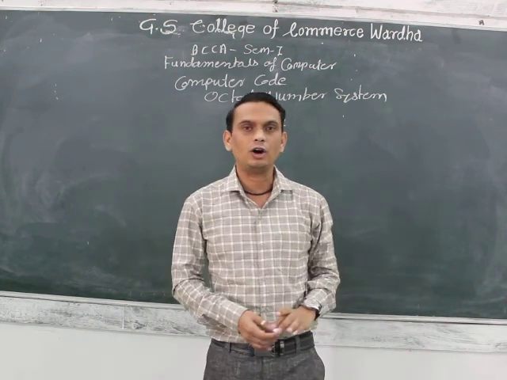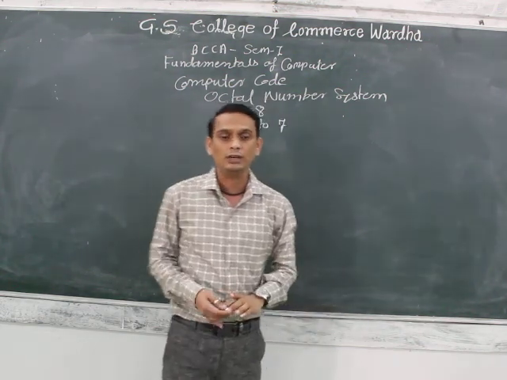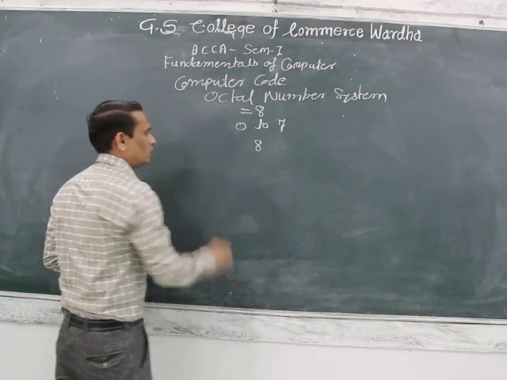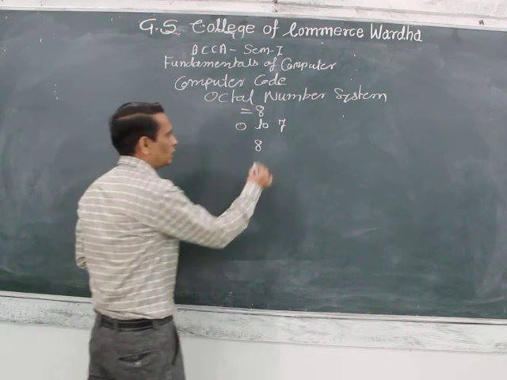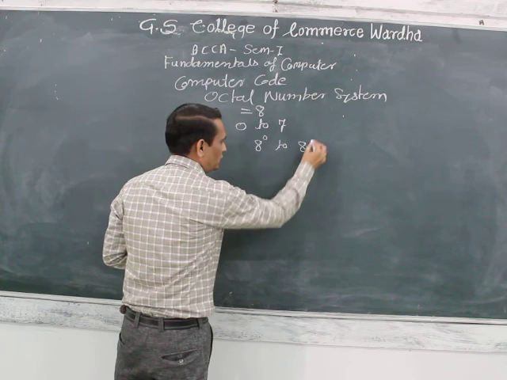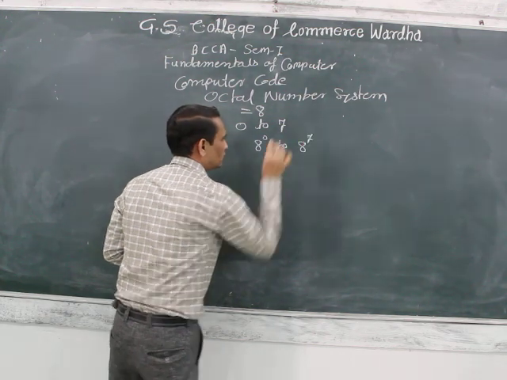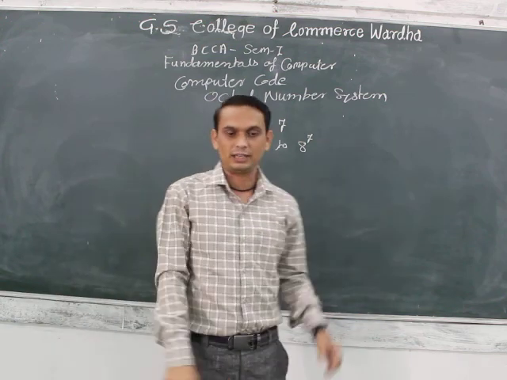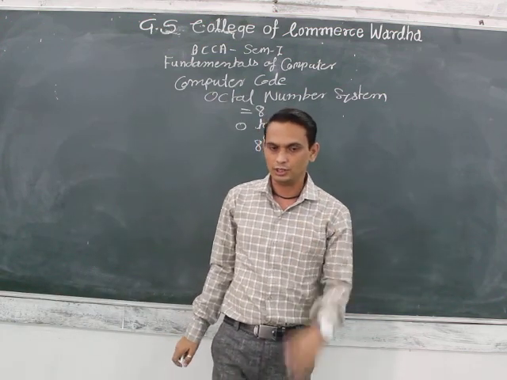Each position in the octal number is represented by a power of 8, from 8 raised to power 0 up to 8 raised to power 7. All valuation or position of digits can be explained here.